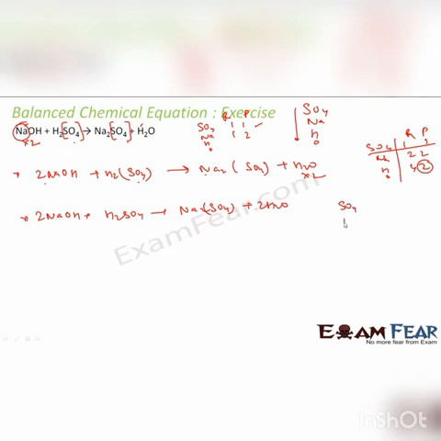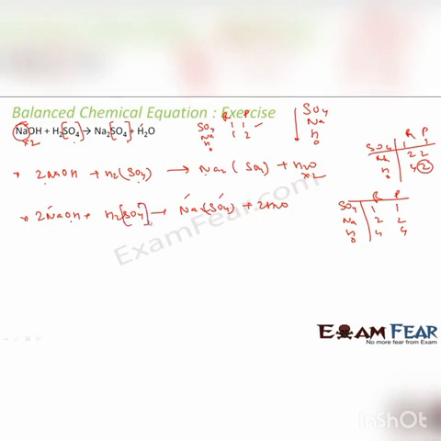Now let's again compare. This is SO4, Na, H and O. We have this reactant, we have product. SO4 is 1. Sodium is 2 here. Hydrogen is 2 into 1, 2 plus 2, 4. Here we have 2 into 2, 4. Oxygen: we have 2 oxygen here.